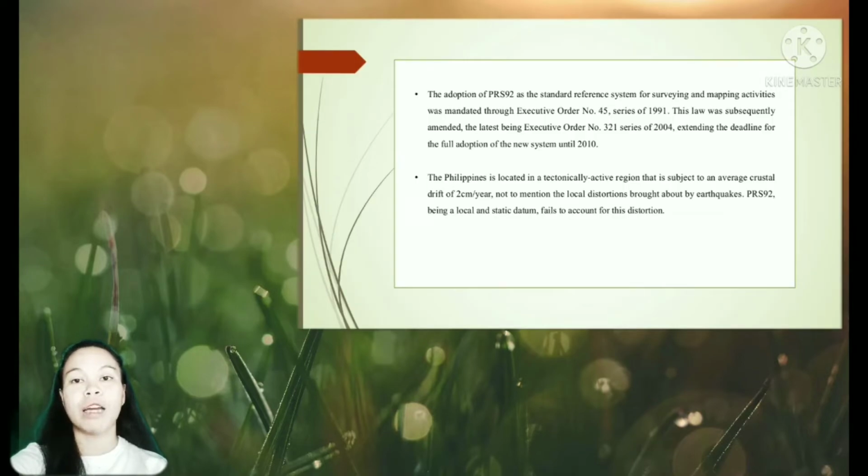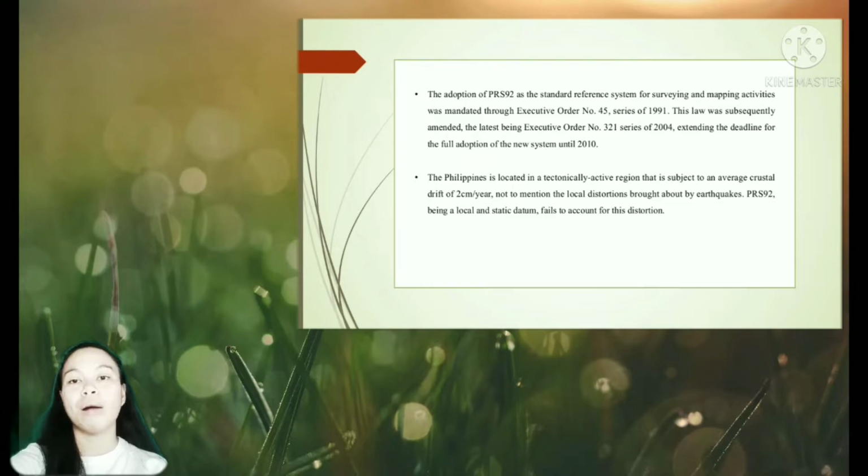The adoption of PRS-92 as the standard reference system for surveying and mapping activities was mandated through Executive Order No. 45, Series of 1991. This law was subsequently amended, the latest being Executive Order No. 321, Series of 2004, extending the deadline for the full adoption of the new system until 2010.